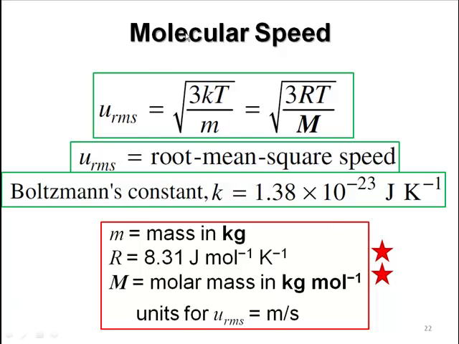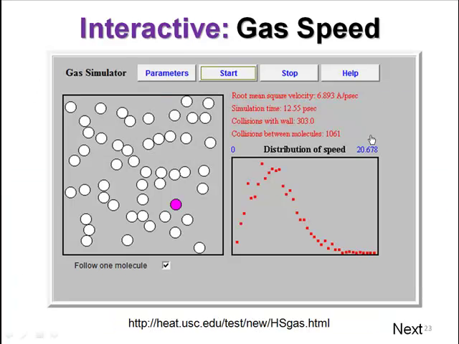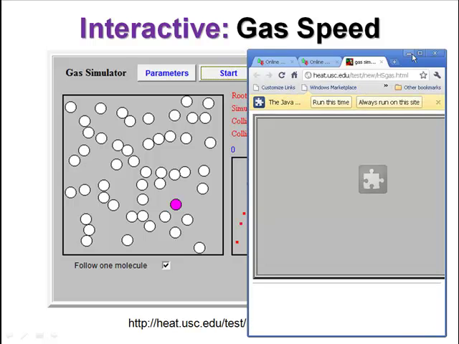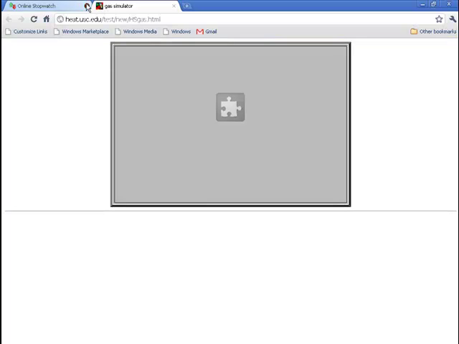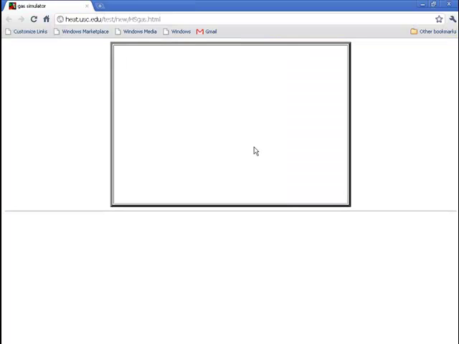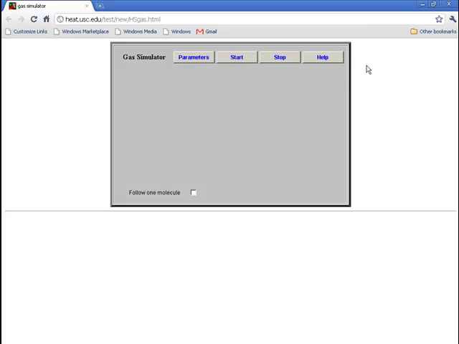All right, let's see if the next simulation works. If we look here at a gas simulation, you can follow one molecule.